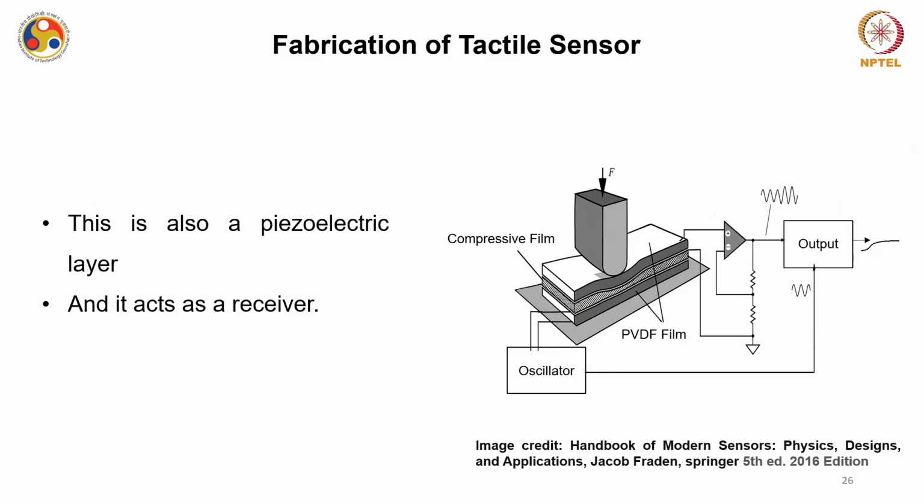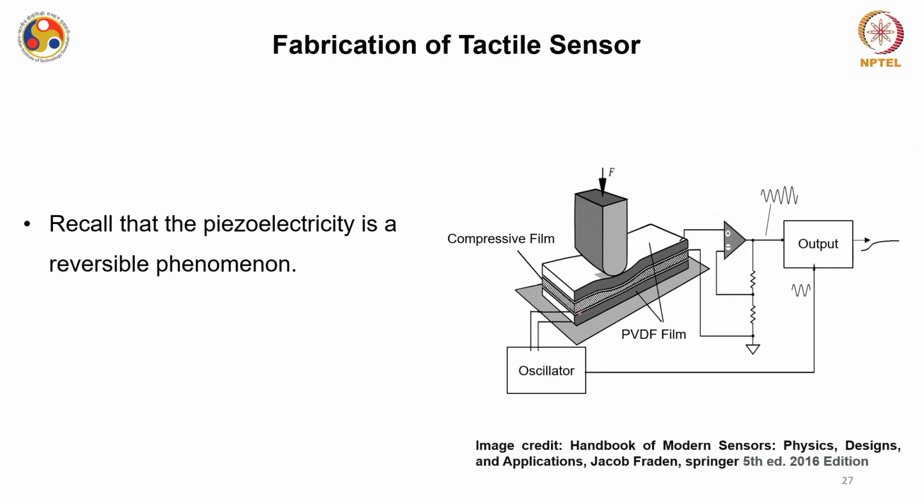Now, since this layer 3 is also a piezoelectric layer, it acts as a receiver. Please recall that this piezoelectric phenomenon is reversible in nature. So, the oscillator is making a certain mechanical deformation in the first film.